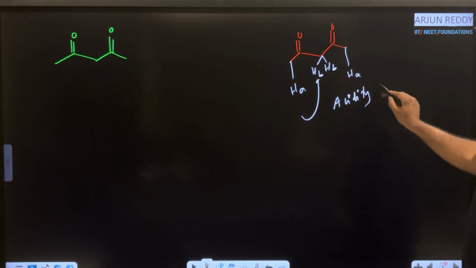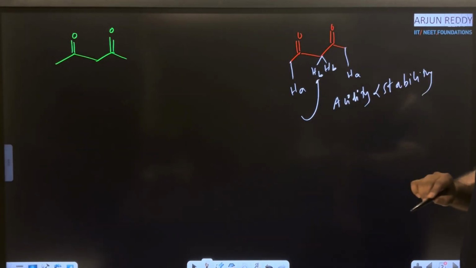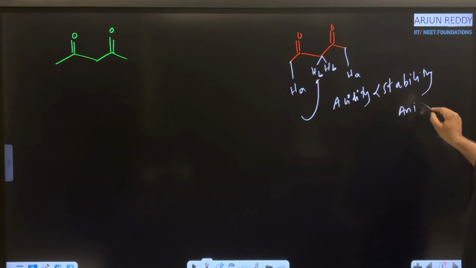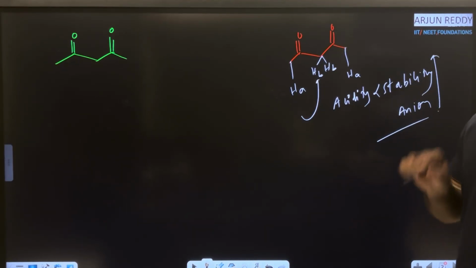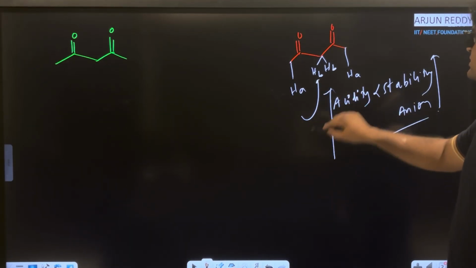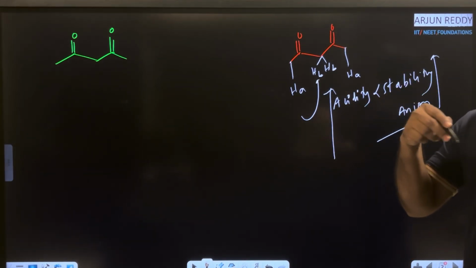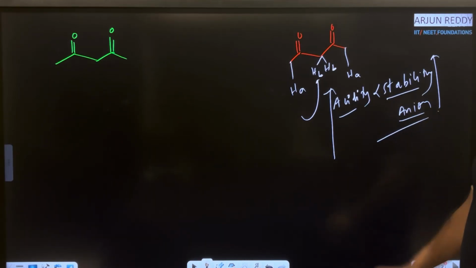Acidity is directly proportional to the stability of the anion, okay? That's very important. After removal of the proton, if the stability of the anion is more, then the acidic strength of that particular species is more. Right. Acidity is directly proportional to stability of the anion.